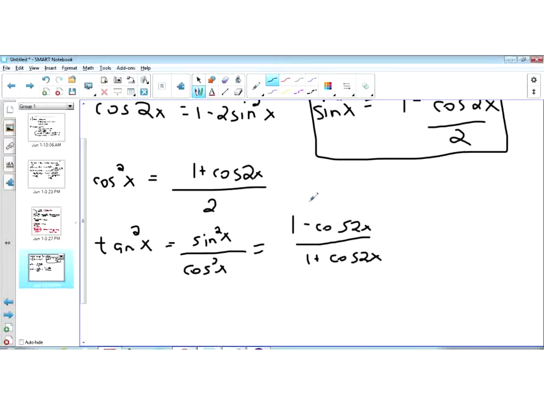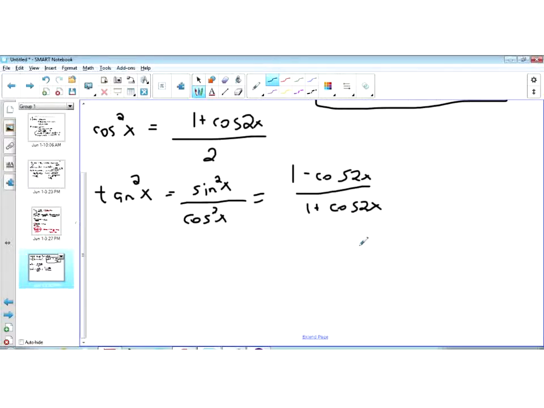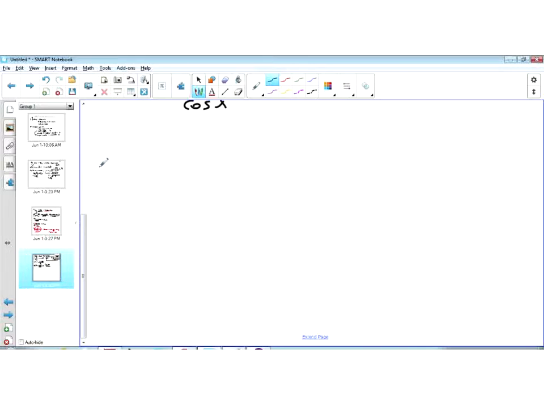So the question is, we want to express sine squared x cosine squared x in terms of the first power of cosine.